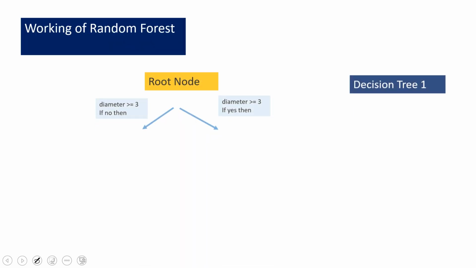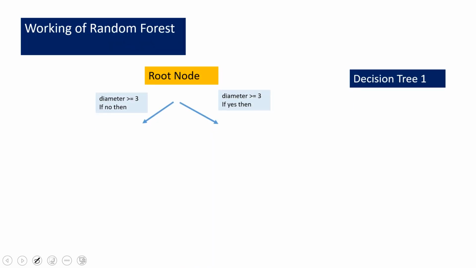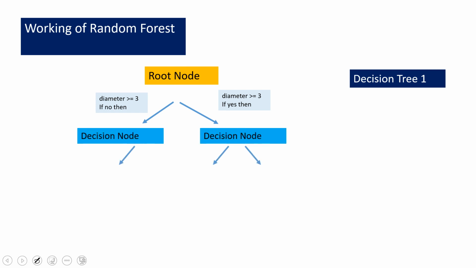So now to explain the working of random forest, let's say we have three trees. We will use the fruit classification example, but with more features involved. Now, what can our features be? Our features can be diameter, color, shape, and growing season as well.